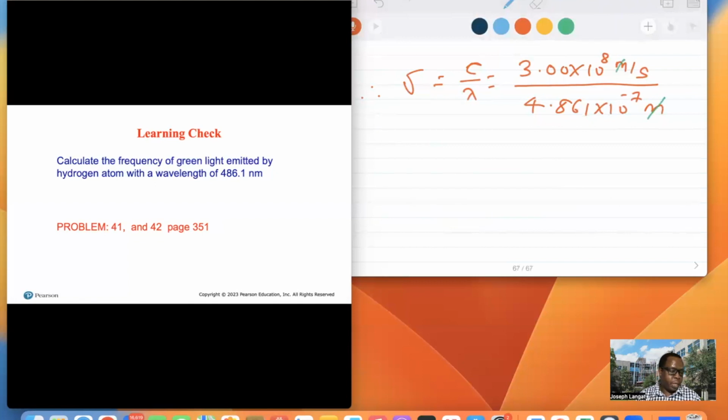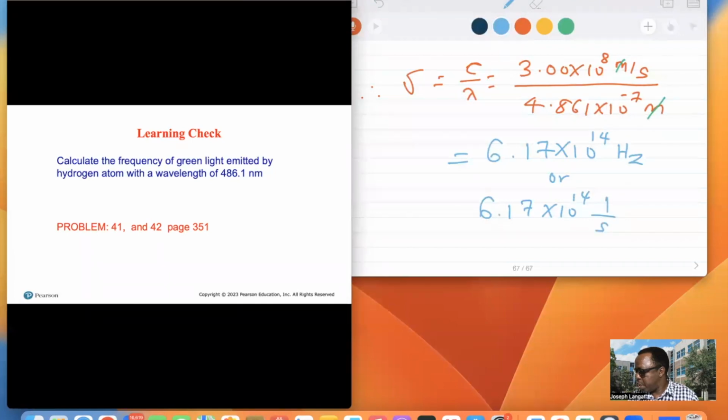If you plug it in your calculator, you should be able to get 6.17 times 10 raised to 14 hertz, or the same thing as 6.17 times 10 raised to 14 per second.